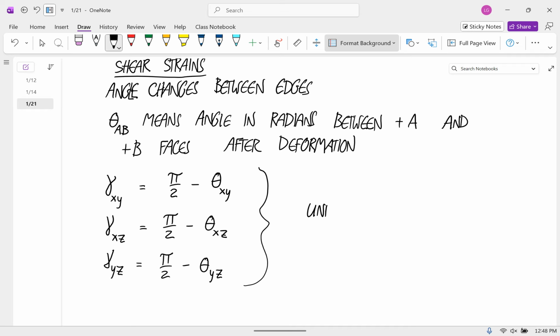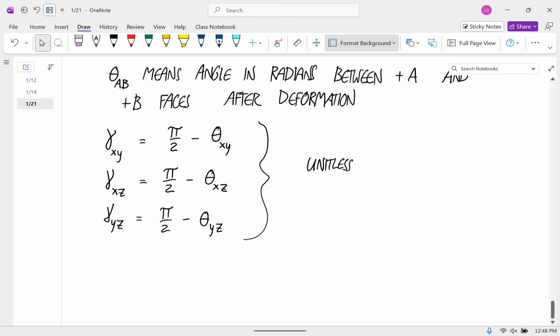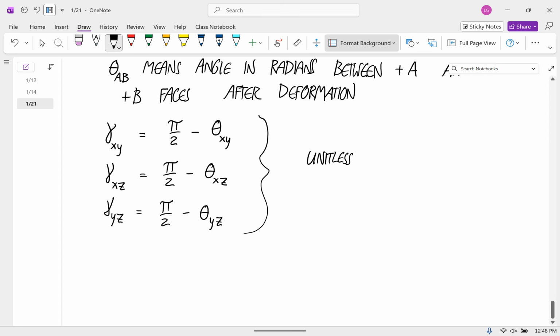And again, these are unitless because remember, you can think of radians as just kind of a pure angle. There's no units on radians. So all strains are unitless. And just like we talked about the meaning of the signs of normal strains, you can think of the meanings of the signs of these shear strains.